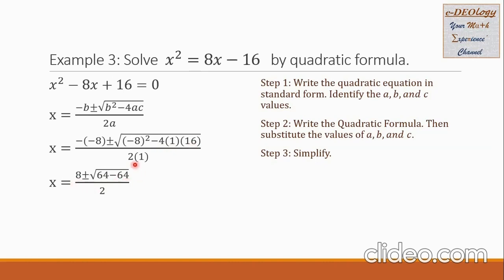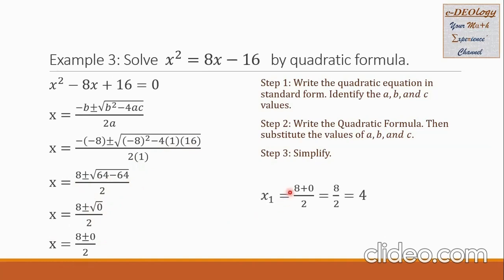All over 2 times 1, which is 2. You see here we have 64 minus 64, and that is equal to 0. So our radical now is the square root of 0, and when we simplify the square root of 0, it's simply 0.